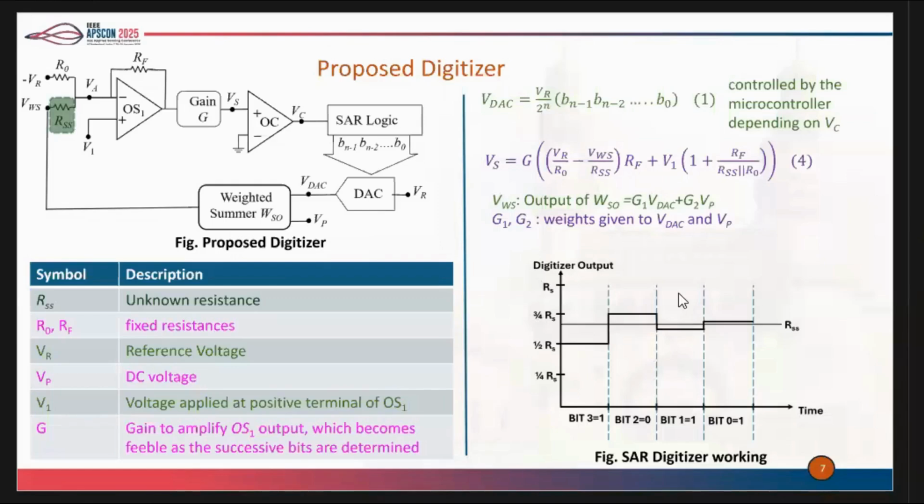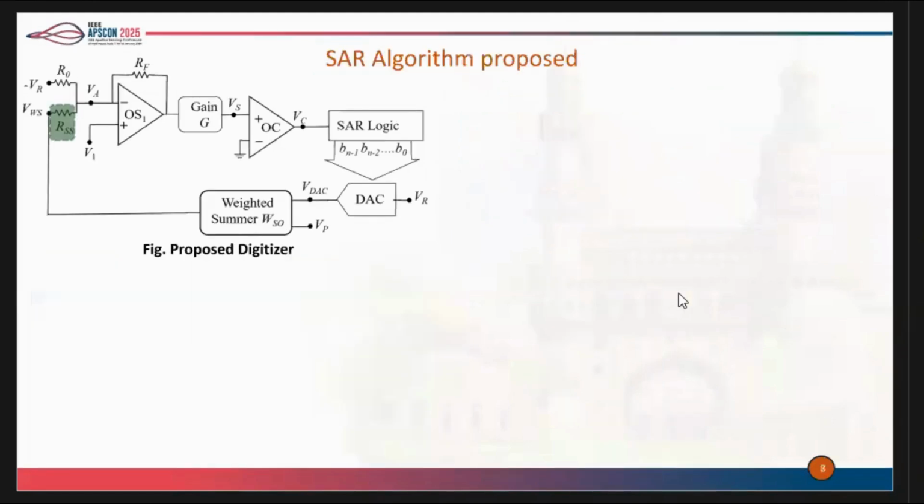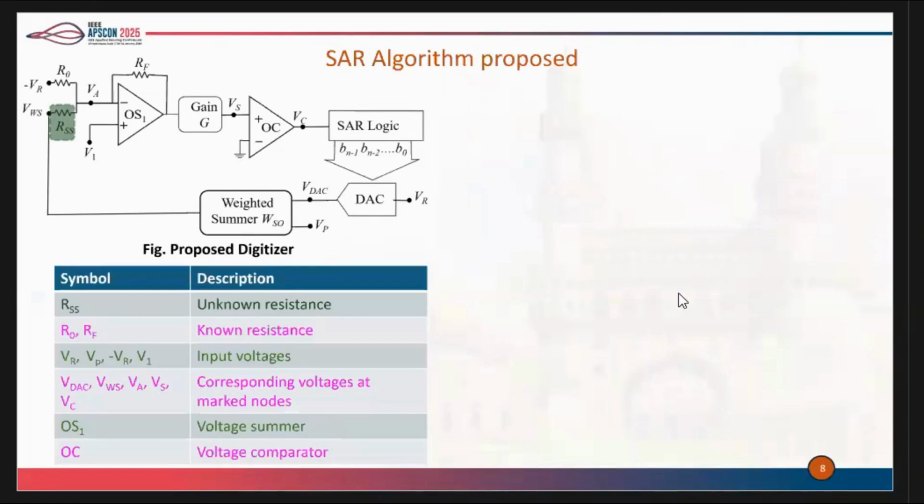It comes closer to RSS, the unknown resistance. So after all the bits are determined, our value comes closer to RSS. So in this circuit, RSS is the unknown short span resistive sensor, and R0 and RF are known values.